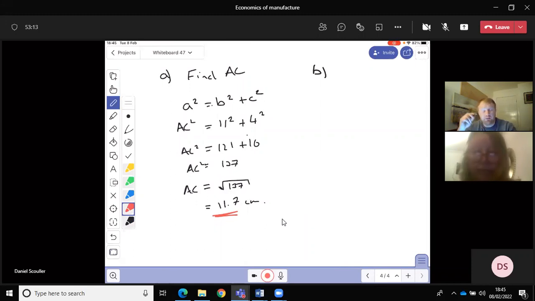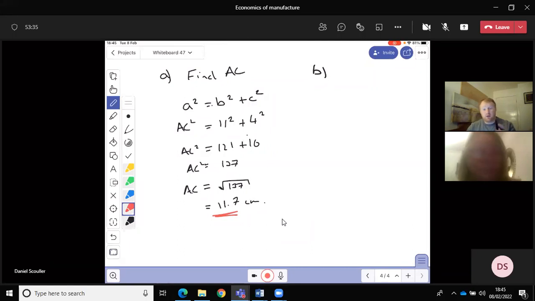Some calculators will give the answer in surd form. There should be a button on your calculator that allows you to change to decimal. My calculator gives the answer of root 137 as root 137, so it's just a case of pressing the decimal button.